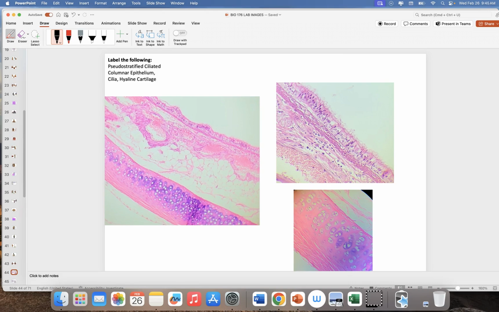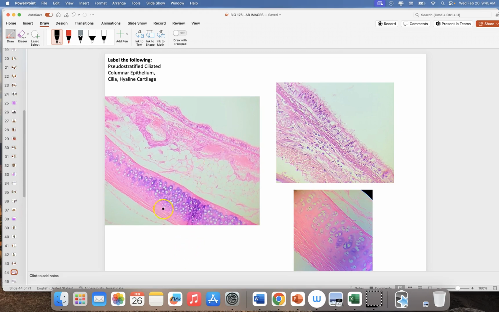The trachea is an organ. Obviously, there will be several tissues present in the trachea since organs are made up of various tissues, but we're going to focus on two. We're going to focus on the pseudostratified ciliated columnar epithelium and the hyaline cartilage.